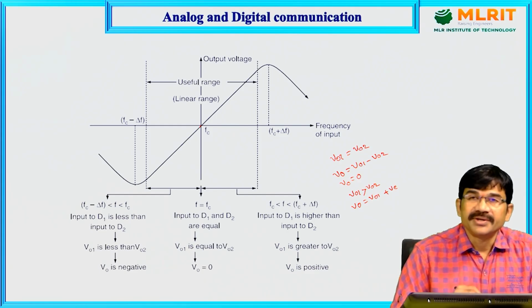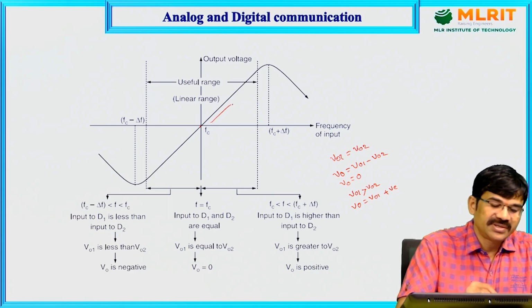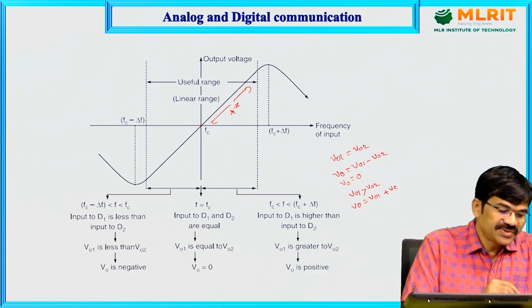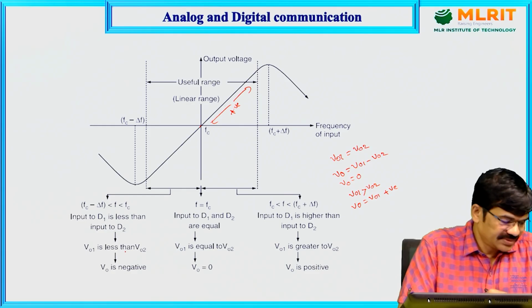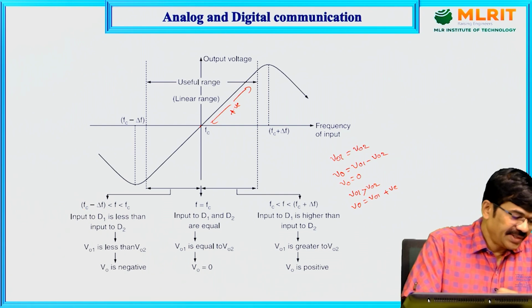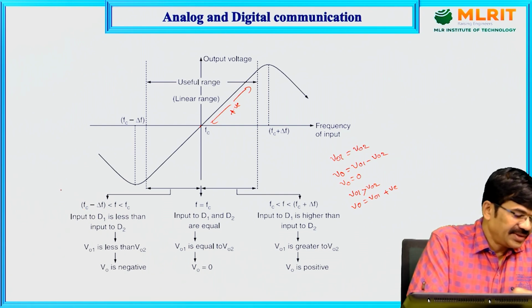Positive value we are getting. So if it is tuned to the lower circuit, the lower frequency value, that is FC to FC minus del F, here D2 is more forward biased than D1.